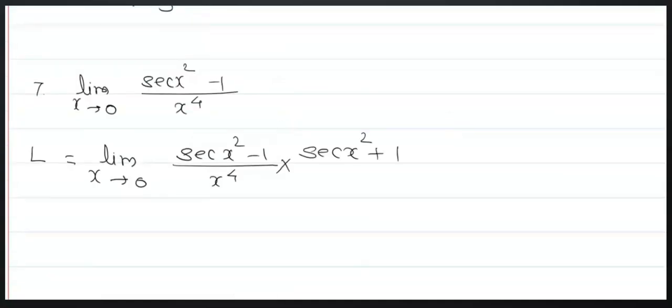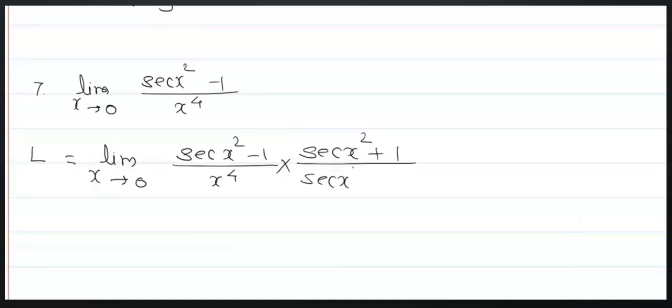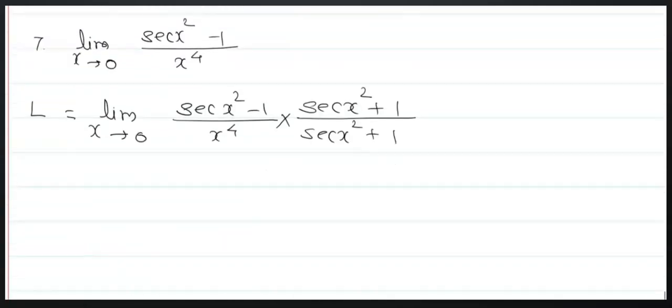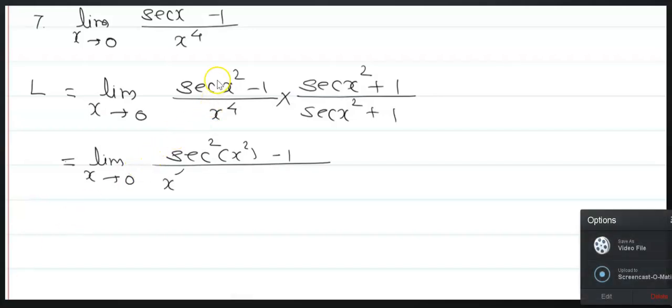Now multiply numerator and denominator by sec x² plus 1 upon sec x² plus 1. Then you will get sec² x² minus 1 upon x raised to 4. Now see this here: (a minus b)(a plus b).